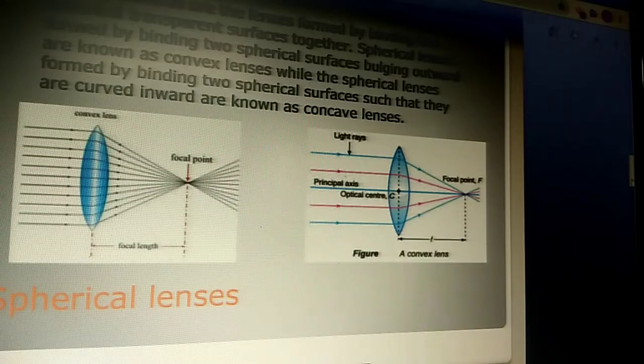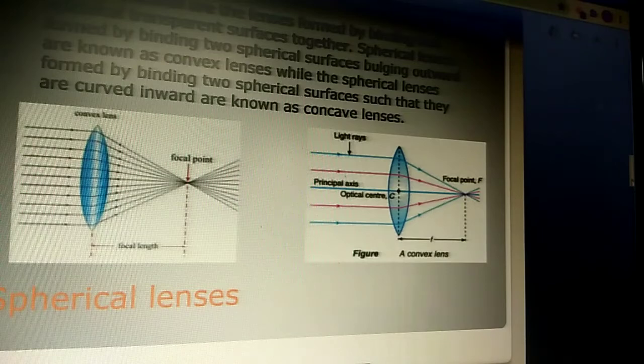So concave mirror and convex lens are converging, whereas concave lens and convex mirror are diverging optical devices.